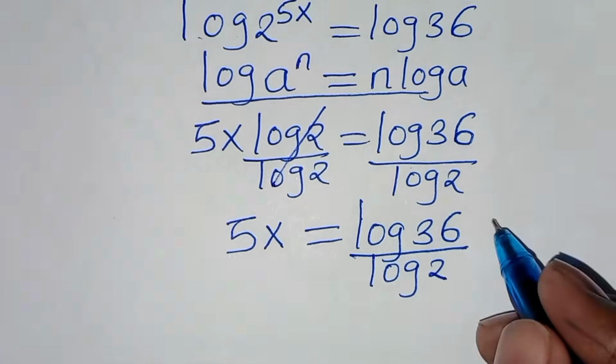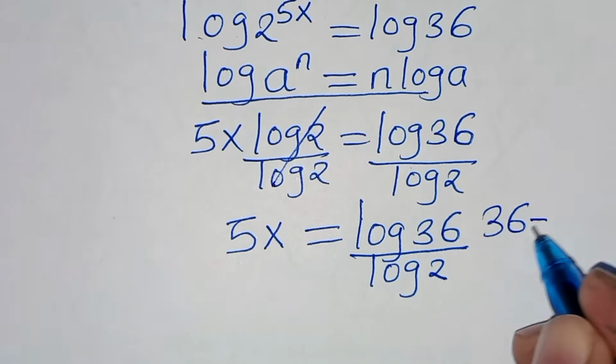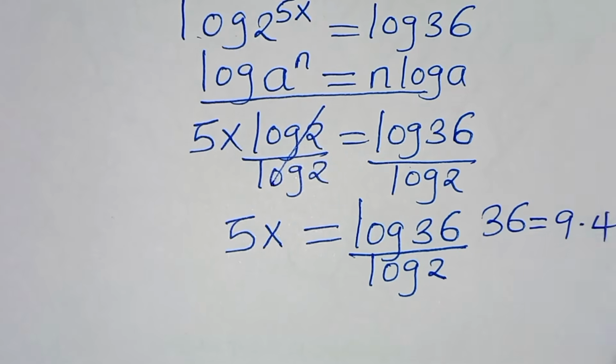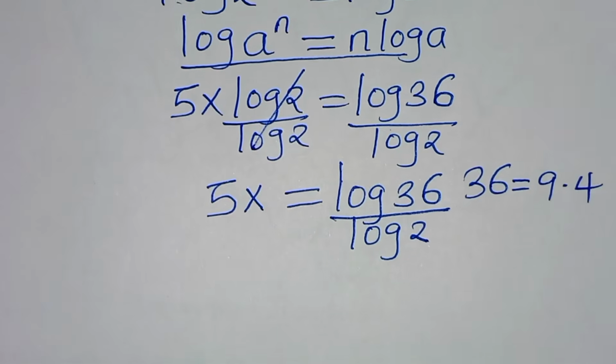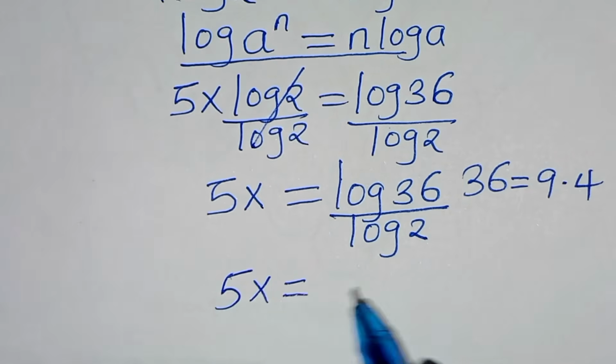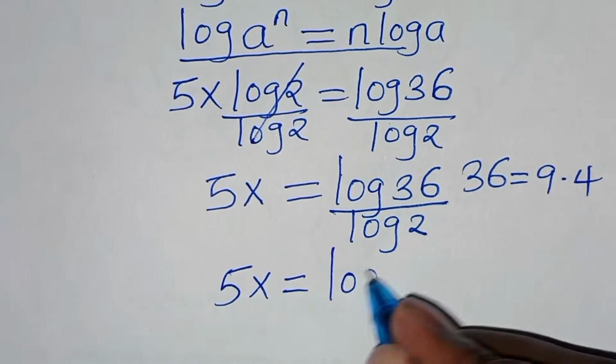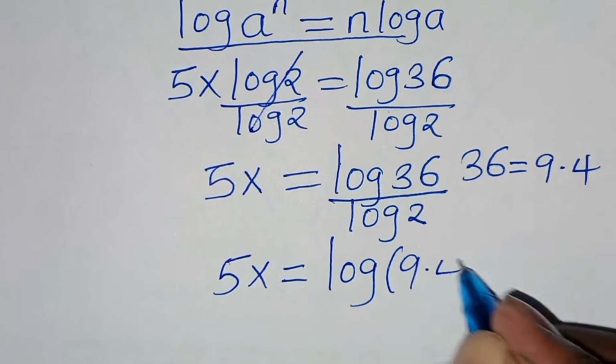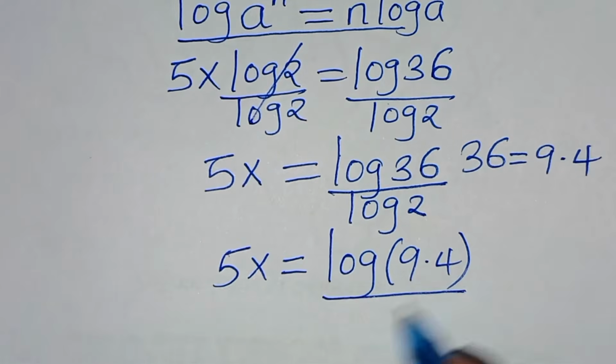We can express 36 as 9 times 4. So substituting this, we'll have 5x. This is equal to log 9 times 4 divided by log 2.